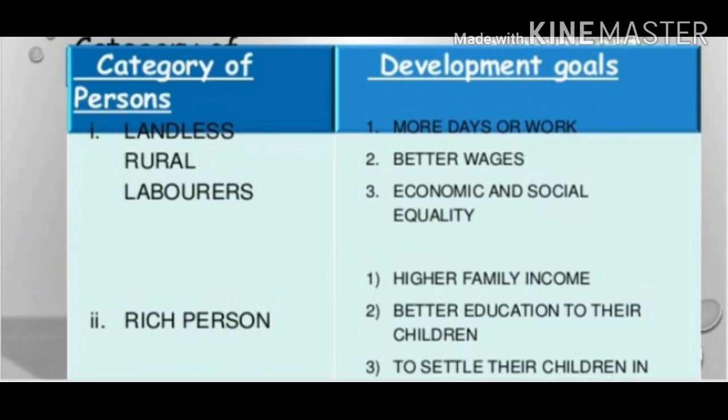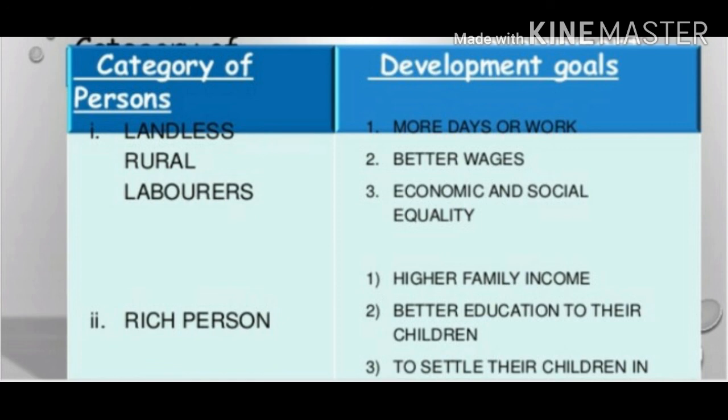In another slide we can compare the landless rural laborers and a rich person. First, the landless rural laborer wants more days of work. Second, better wages. And third, economic and social equality. The rich person wants higher family income.